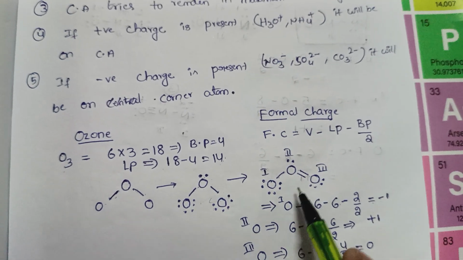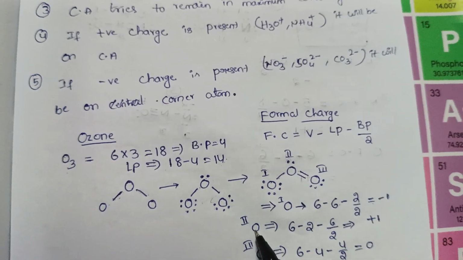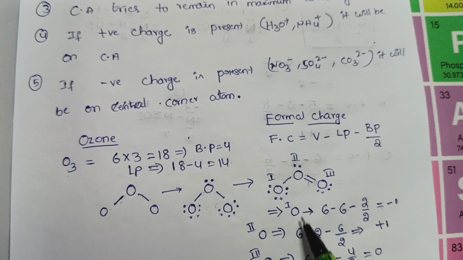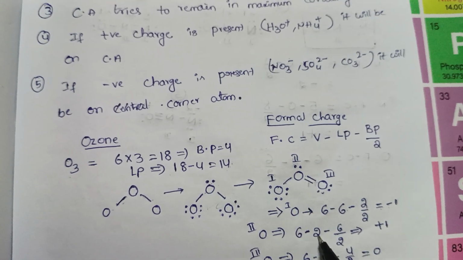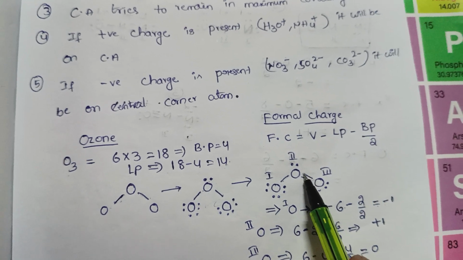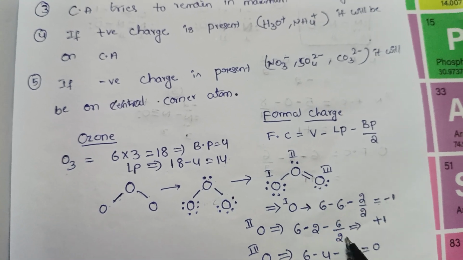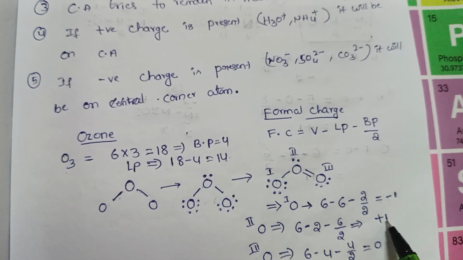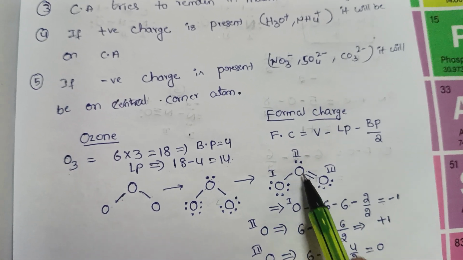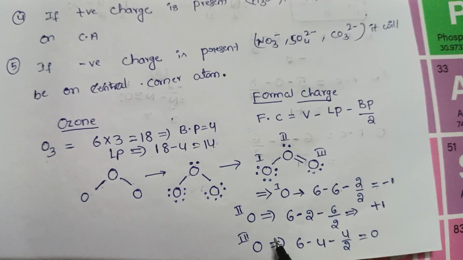If we take the second atom of oxygen, 6 valence electrons are present in the free state. How many lone pair electrons? 2. And how many bonded pair electrons? 1, 2, 3, 4, 5, 6. 6 by 2 equals 3, so we get plus 1. Plus 1 is the formal charge for the second atom of oxygen.